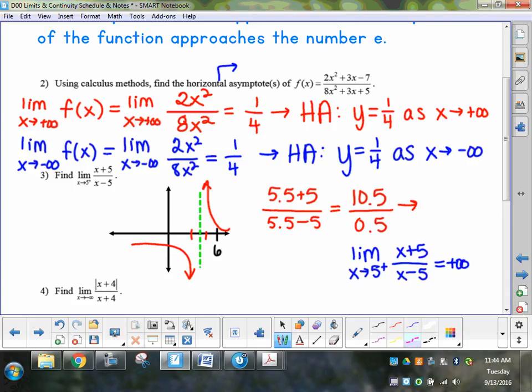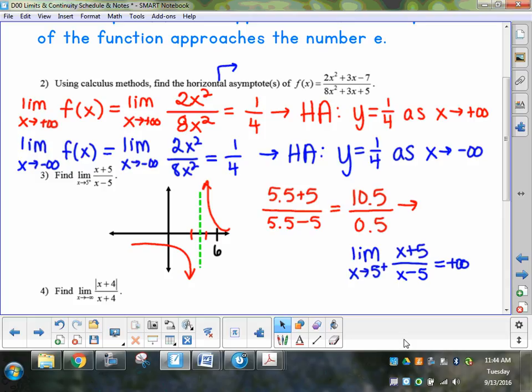There is not a second answer, because this is a one-sided limit. One-sided limits can have positive infinity as an answer. Some of you are probably going to say the limit doesn't exist. The limit doesn't exist if it's a full limit and both of the ends of it are going to infinity in opposite directions. So keep that in mind.